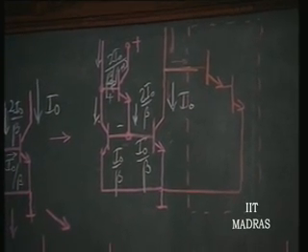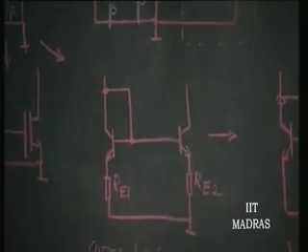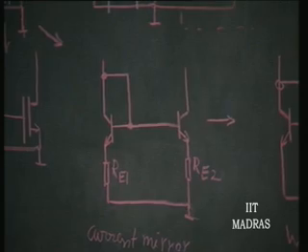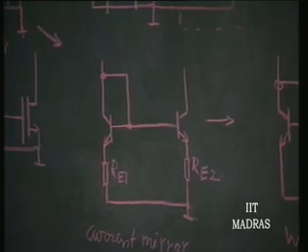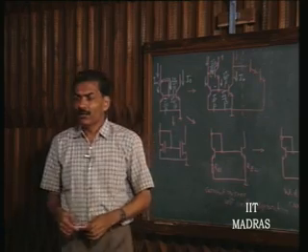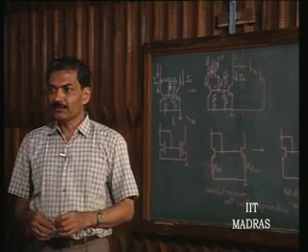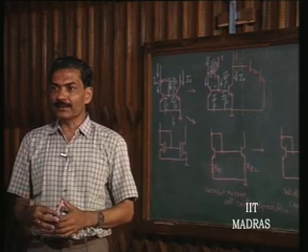Now, another minor variation of this, which we had not discussed in yesterday's class, is what is called emitter degeneration. That is, why not put resistances in the emitter? What will happen if you put resistances in the emitter?